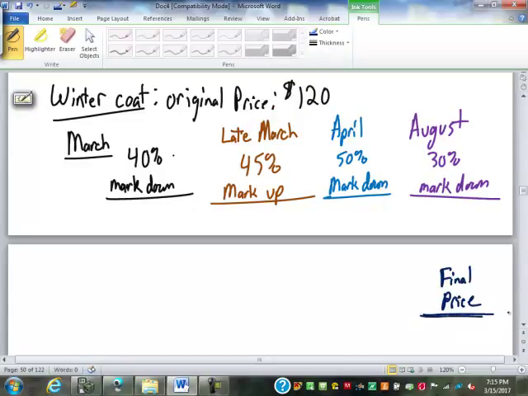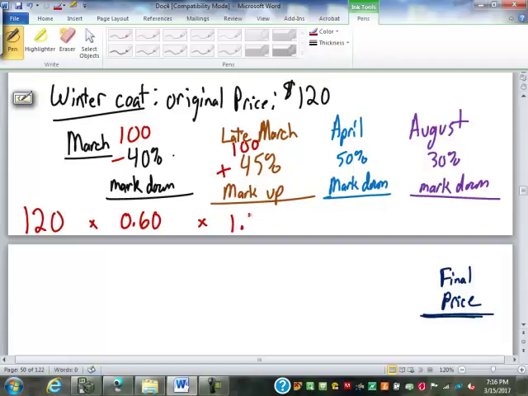Now this looks relatively ugly, but it's not. We start out with that $120 original price. A 40% markdown would be 100 minus 40%, which is 60%, right? Or 0.6. A 45% markup is going to be 100, not minus 45, but plus 45.